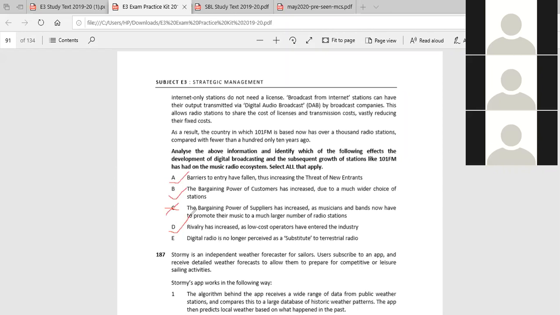Is it a substitute? Now it is almost on par with the conventional way of broadcasting through radio stations.